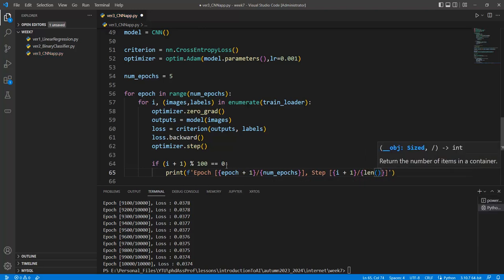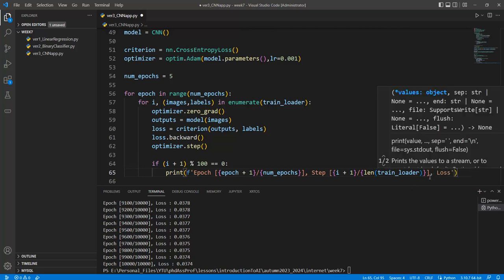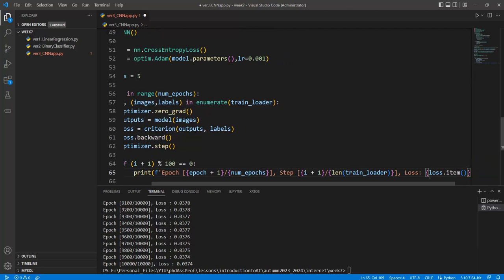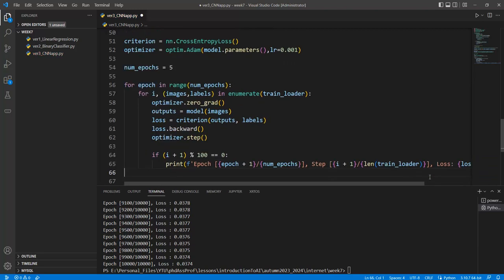Len train loader, because this is the total batch size, right? Okay, thank you. And so we will also give the loss term in here with the parameters of the loss item. Okay.